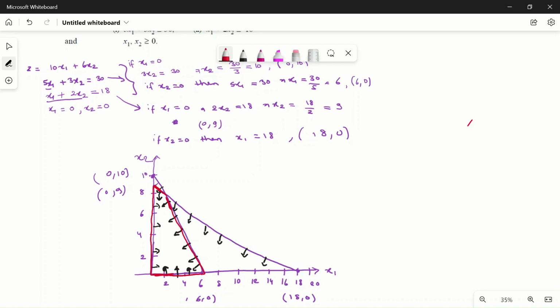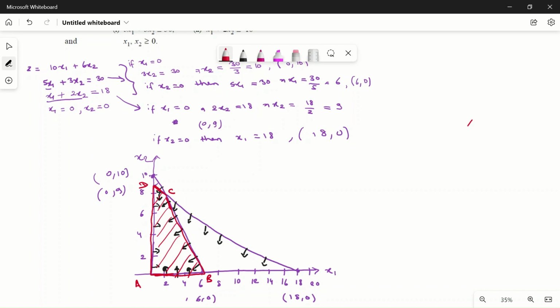So this is the feasible solution region. We will mark different points A, B, and we have to mark the extreme points C, D, so that we can find the value of Z at these points.